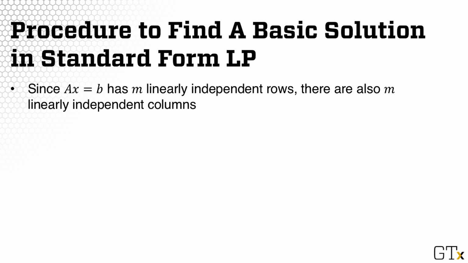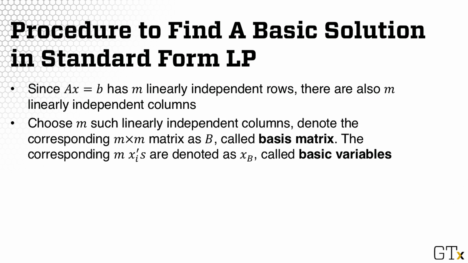Since Ax equals b already has m linearly independent rows, there are also m linearly independent columns. This just comes from linear algebra. Therefore, we choose m linearly independent columns of A. Since A has m rows, choosing m columns gives an m by m submatrix of A, which we denote as B. Because its m columns are all linearly independent, B is invertible, and we call this matrix the basis matrix.